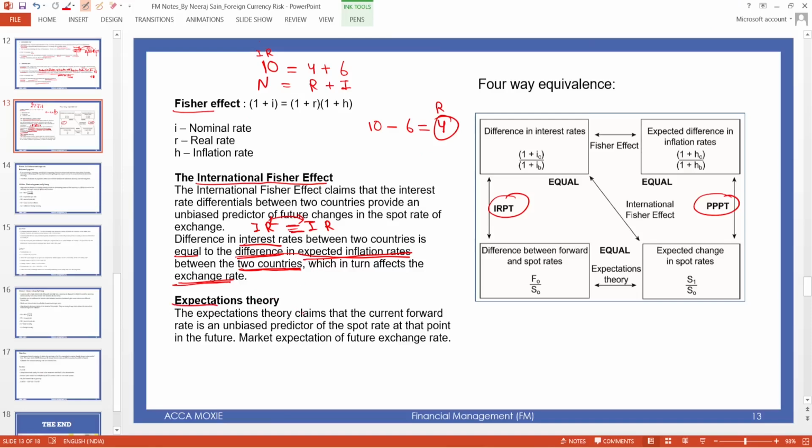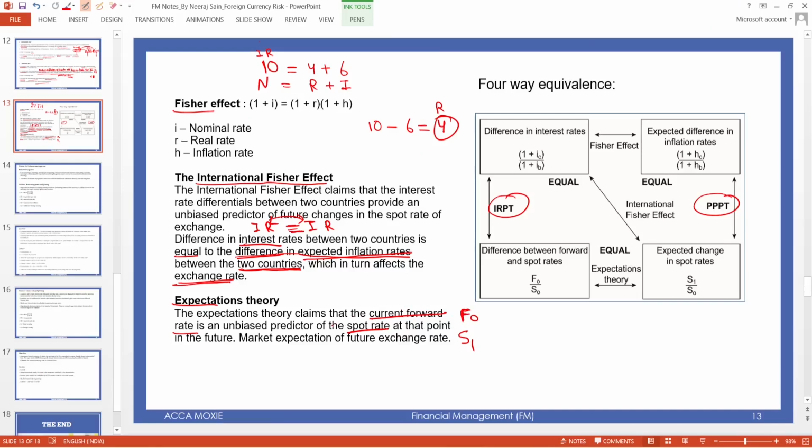Okay, this is not very important. Expectation theory claims that the current forward rate is just a predictor of the spot rate in the future. So it means the future is the future.